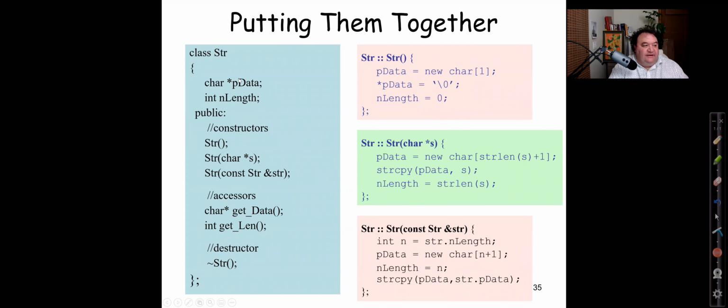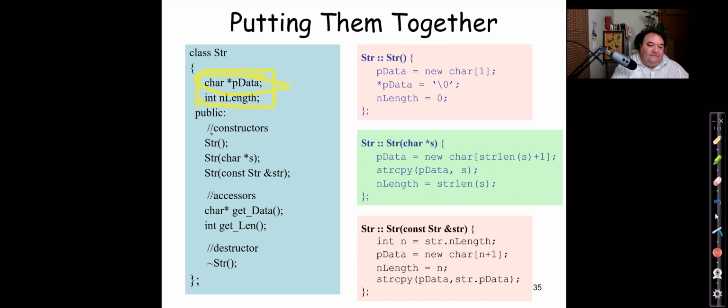So a very simple example just to put all the elements together. Let's say that we have a class string that we want to use to manipulate strings with some level of abstraction. Here we have the char star part where we store the actual sequence of characters. We can have an integer that gives us the length of the string.